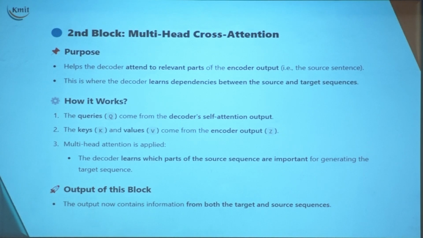Source is from the encoder, target is from the decoder. So source gives keys and values, and target gives queries. The queries come from the decoder's self-attention output, whereas the keys and values come from the encoder output, which is Z.